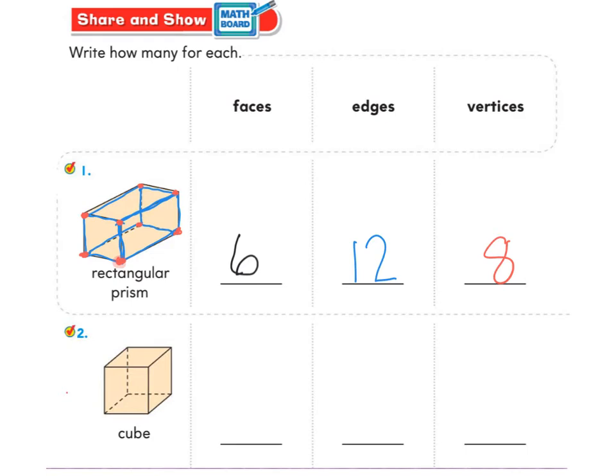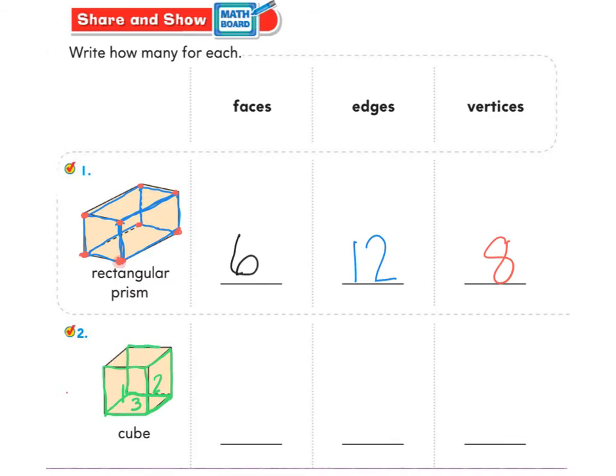All right, now we're going to look at the cube again. We're going to count the faces, the edges, and the vertices of a cube. So there's 1 face. Here is a face. This bottom square is a face. So in other words, I'm basically counting the squares that cover this cube.